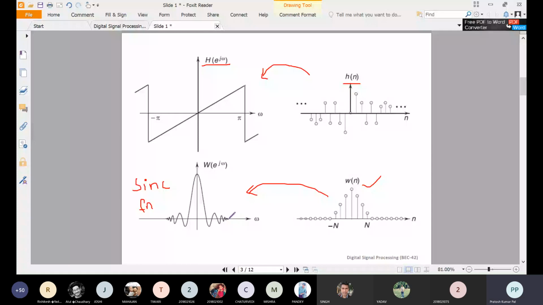In the sinc function, what we see is that at lower frequencies, most of the energy of the sinc function lies in the lower frequencies only.